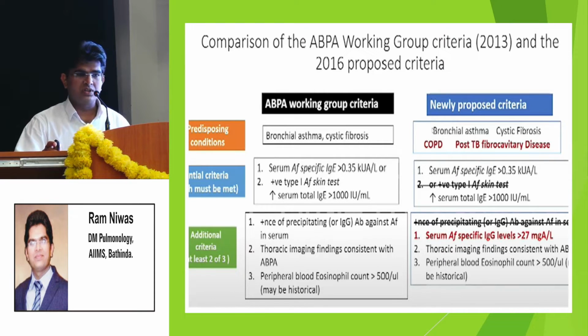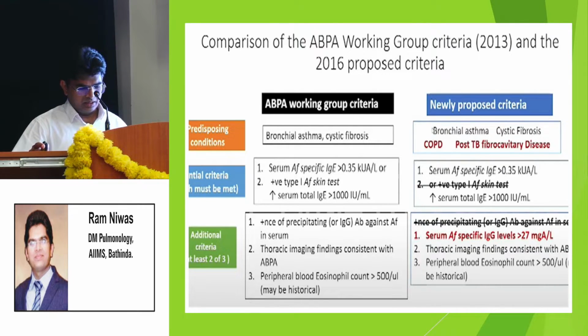In predisposing condition, there may be bronchial asthma, cystic fibrosis, COPD or post-TB fibrocavitary disease. Out of these predisposing conditions, some of these should be present.